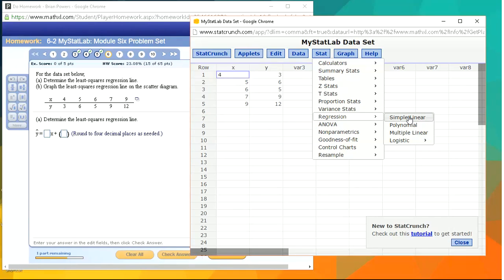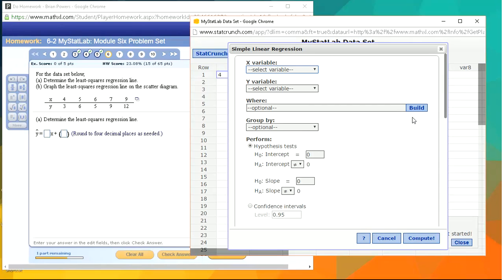Simple linear regression means I have the y values, which are my response, and the x values, which are my explanatory variable. A multiple linear regression would have multiple explanatory variables for a single response, but we're not doing that here. A simple linear, we have x and y, that's it. For x, I select x. For y, I select y.